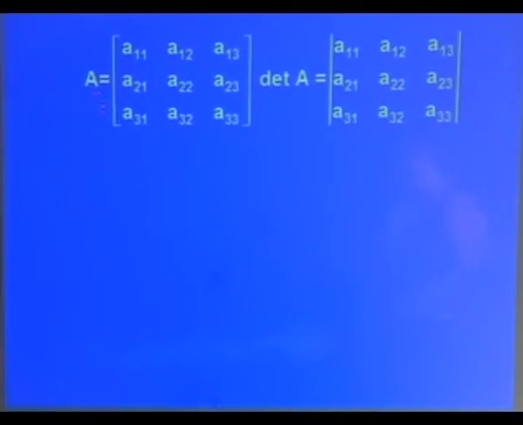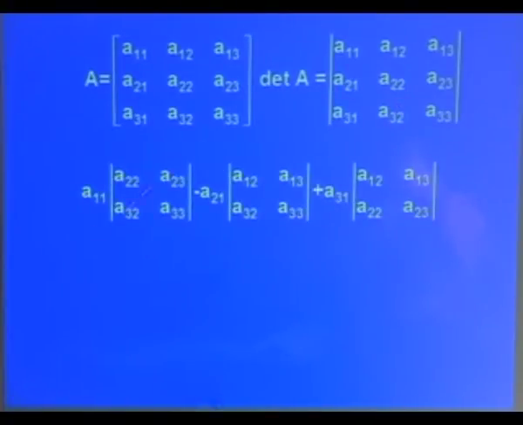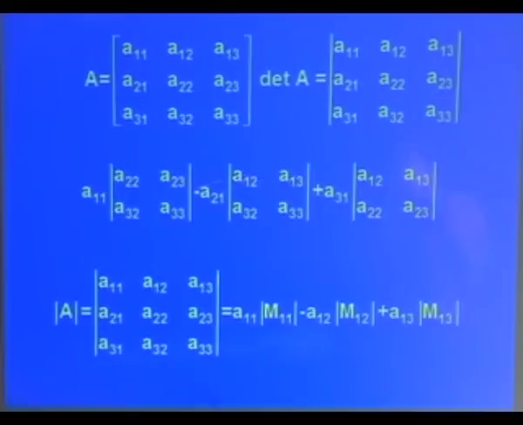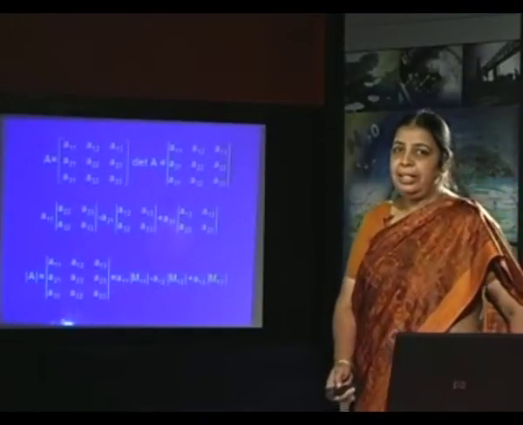So, for a given matrix A, the determinant of A is computed as A11 multiplied by the determinant of A22, A23, A32, A33, minus A21 multiplied by a second order determinant, and then plus A31 multiplied by this. Actually, this formula has already been obtained in my earlier slides.